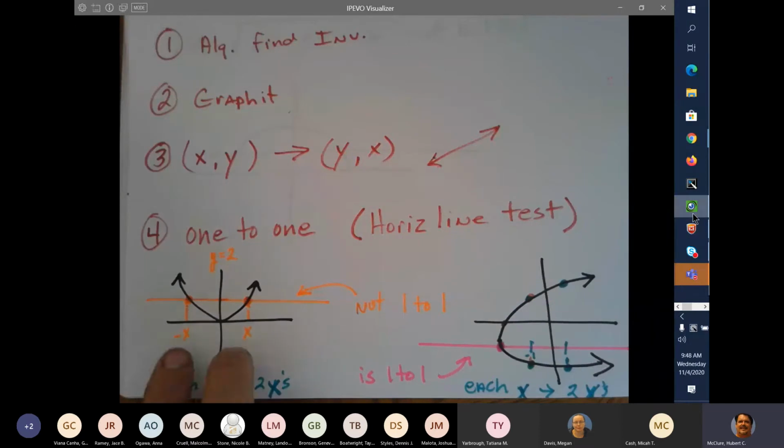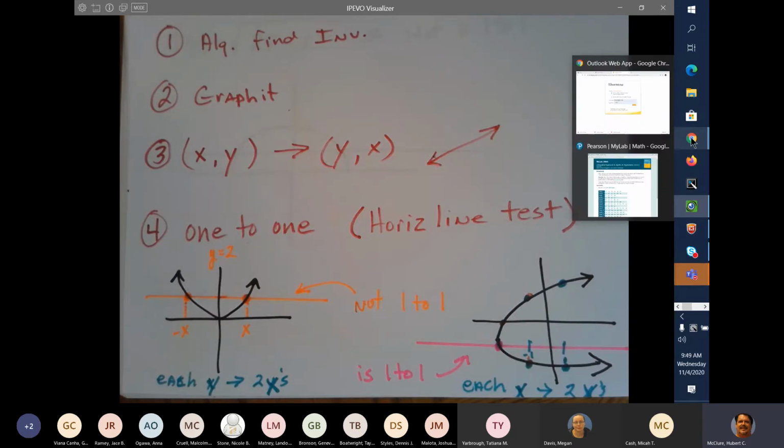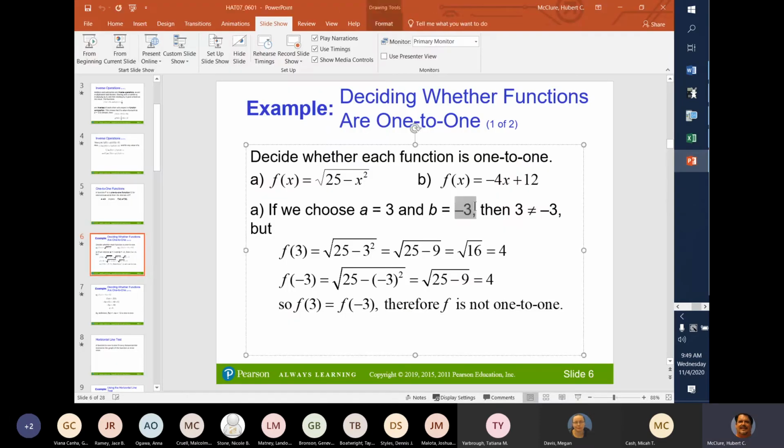And if you get a plausible answer for negative x and positive x, and you plug those in, then that means it is not a one-to-one, because it hits twice.